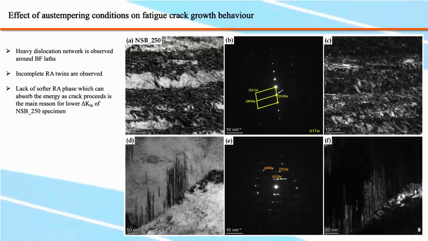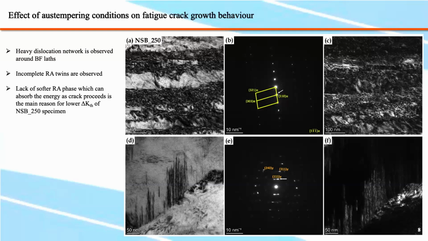Secondly, the presence of bainitic ferrite does not help much with the crack growth resistance since it gets heavily deformed, which can be evident from this whole dislocation network that is present.